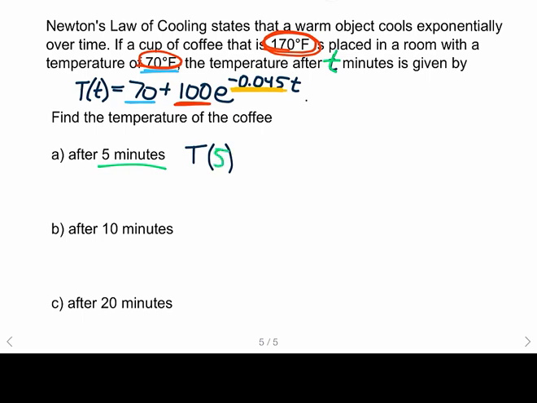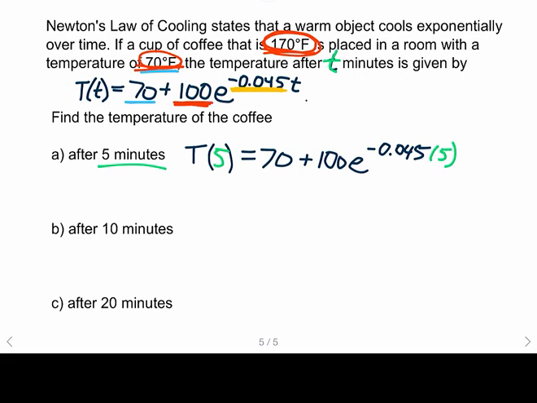And time is the input variable. And so we're looking at T of 5 is equal to 70 plus 100e to the negative 0.045 times 5. I've switched from red to green for the time, because I wanted you to see that red denoted a subtraction difference.